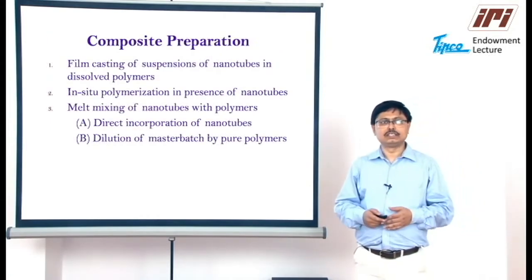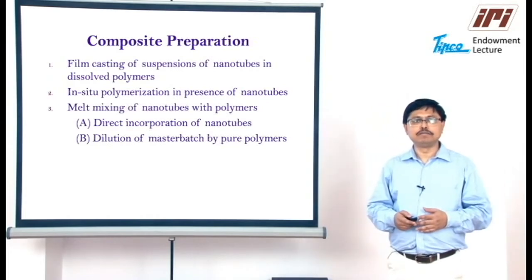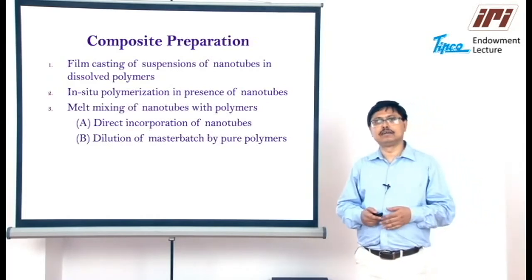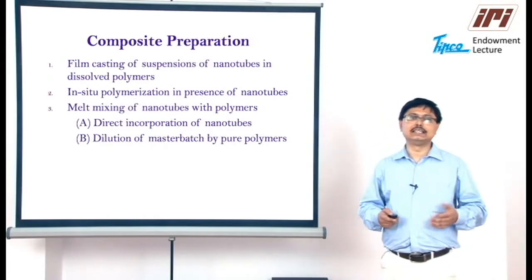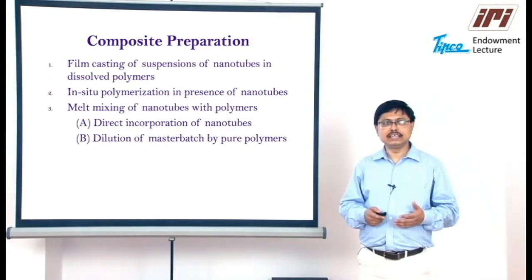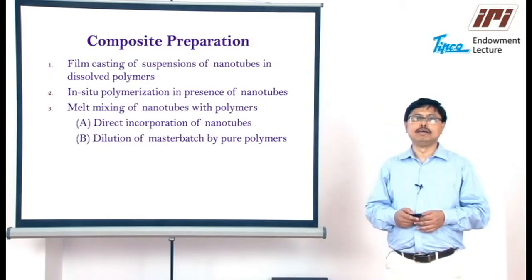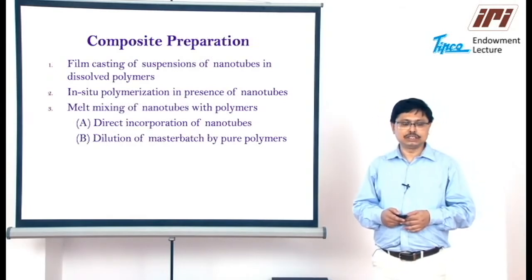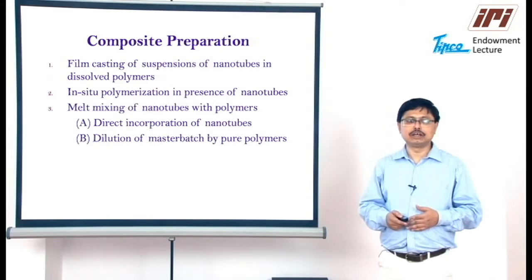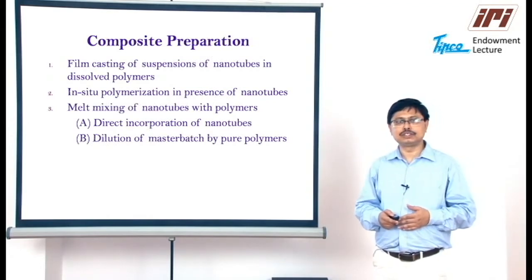Now the question is, how one can make composites by utilizing carbon nanotubes inside the polymer matrices. There are 3 general techniques by which one can make polymer composites. The first one is film casting of suspension of nanotubes in dissolved polymers.